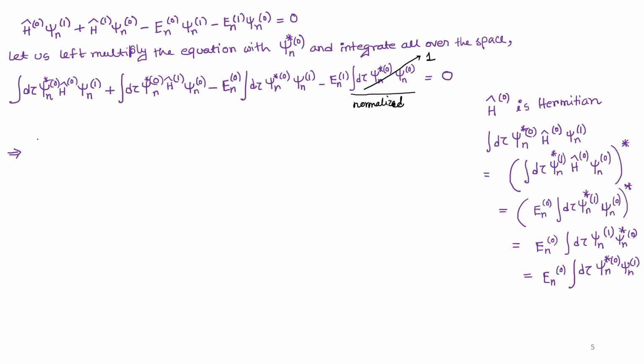So I will write here what I got: En naught d tau psi star 0 psi 1 plus d tau psi star 0, and we have psi 0, and see, we have the same term here as the first.